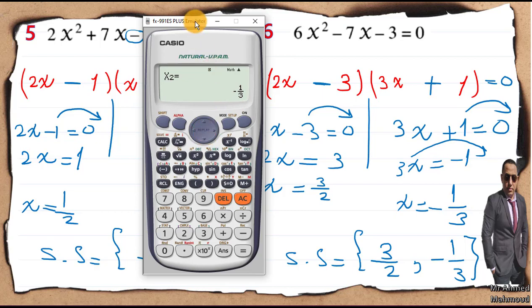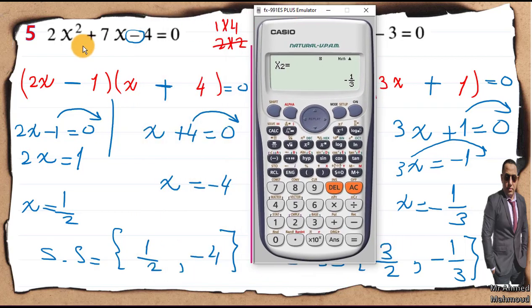Now you can check by using the calculator. Now I'm going to check this equation, and again, mode equation is 5. Mode 5 3.